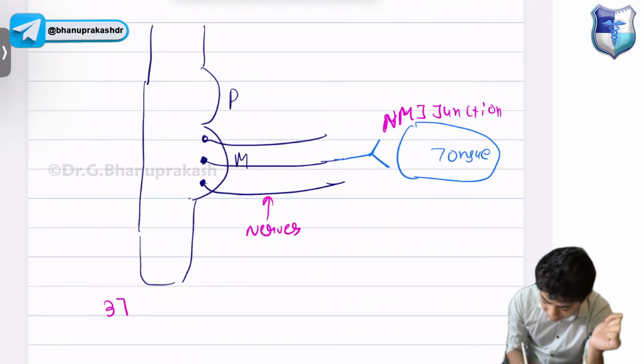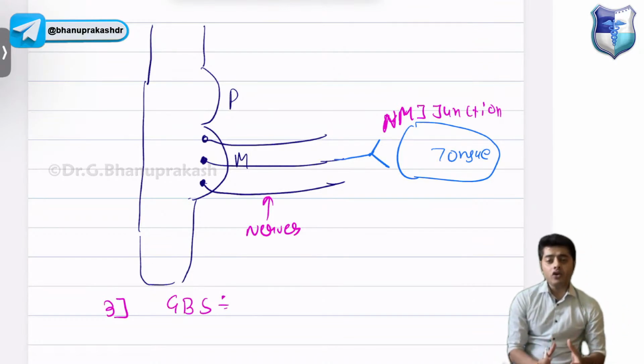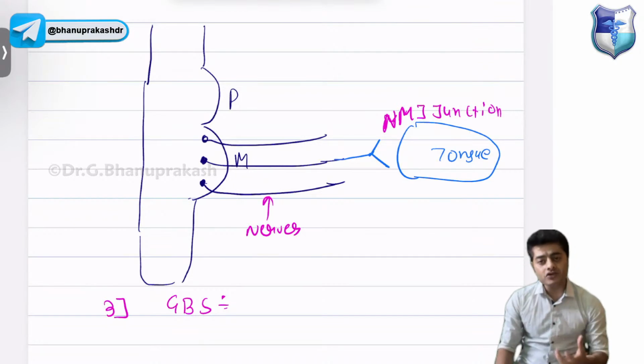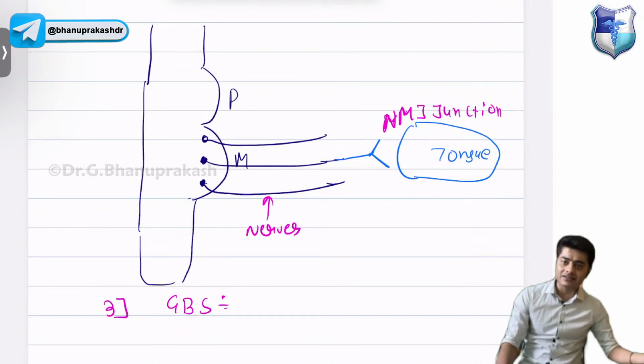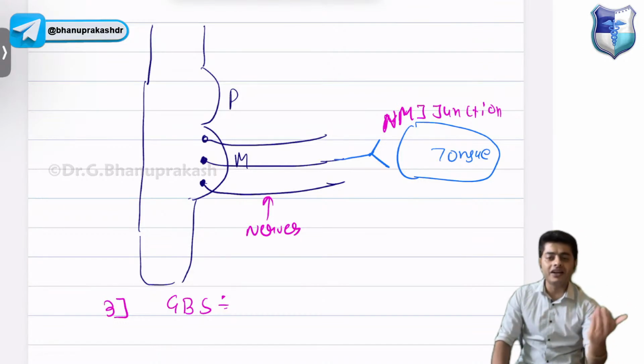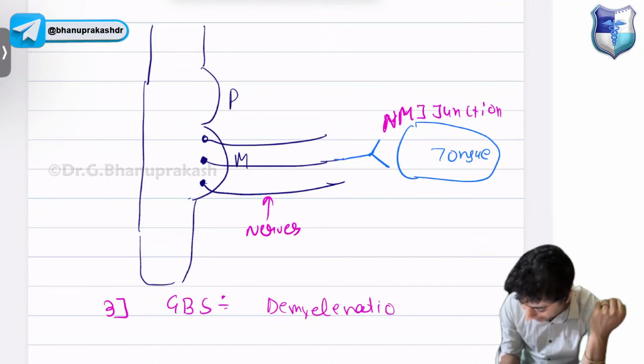So, which all things are damaging nerve? That is your Guillain-Barré syndrome. Guillain-Barré syndrome का भाई कौन है? Multiple sclerosis. Multiple sclerosis is demyelination at the CNS, and GBS is demyelination at PNS, the peripheral nervous system.